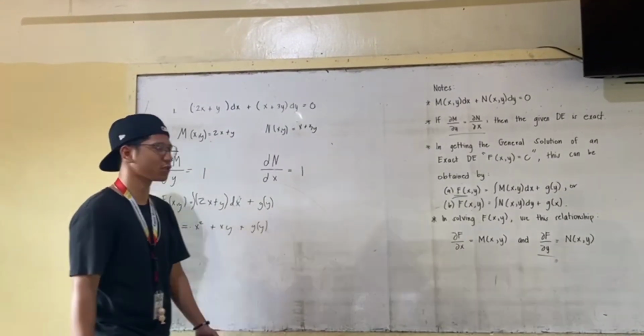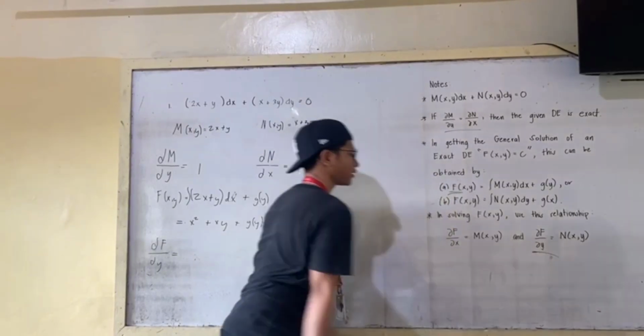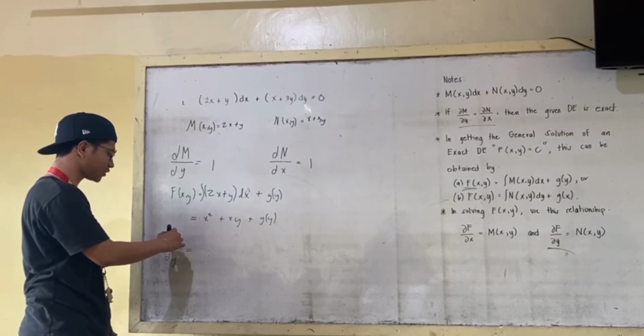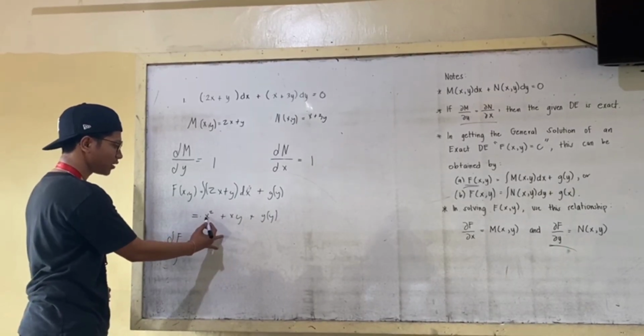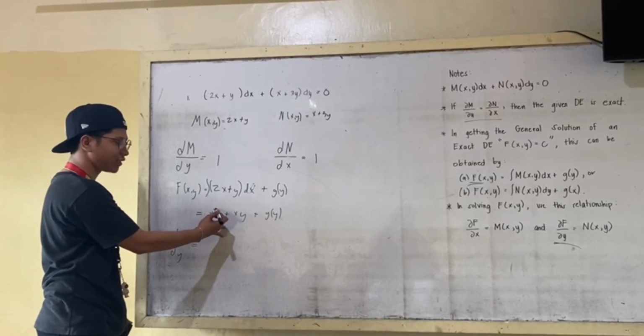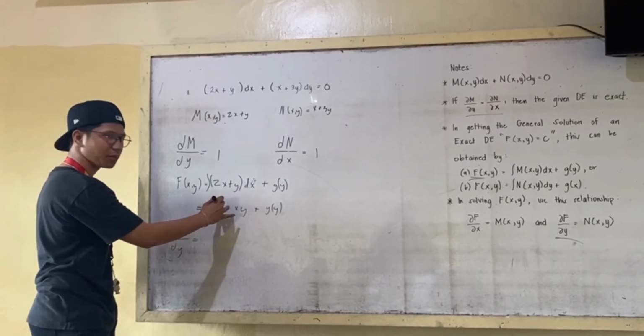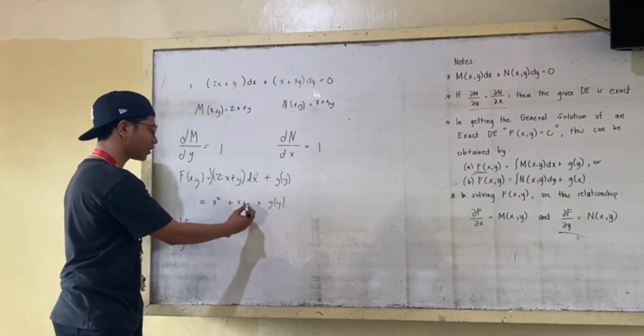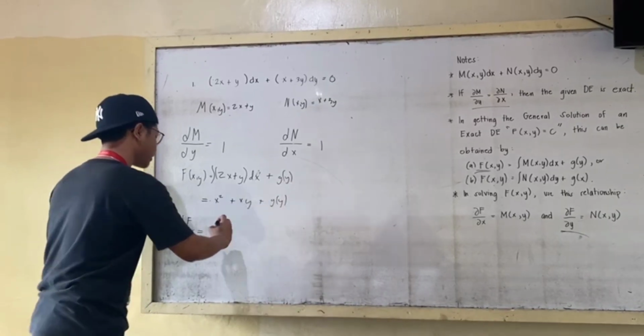The next step is we'll be using this formula. To differentiate with respect to y here, there's no y in x squared, so this will be constant. And here there's y in xy, so the remaining variable is x.